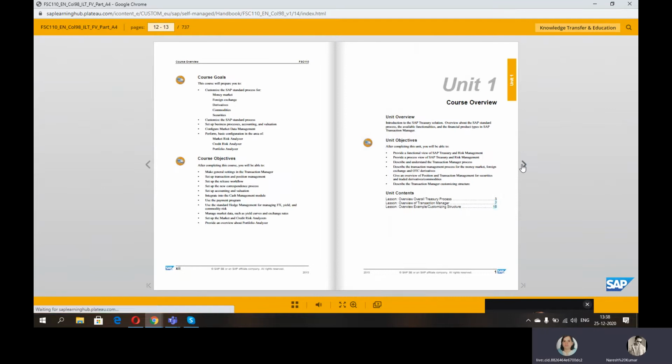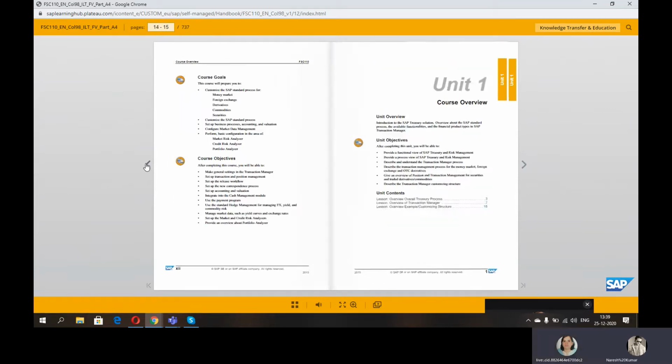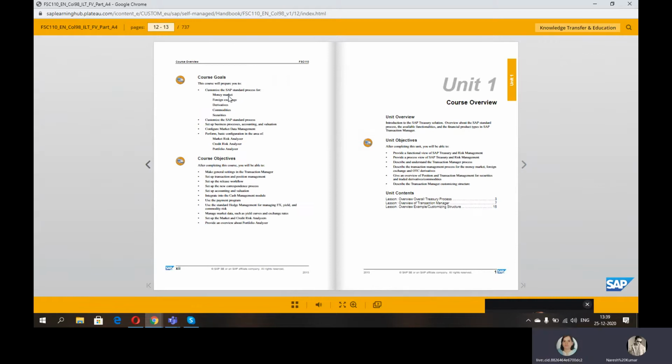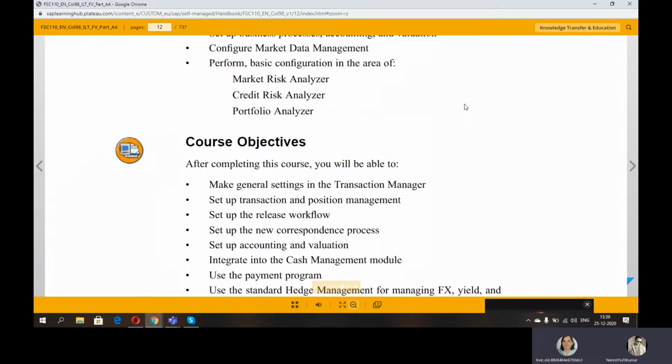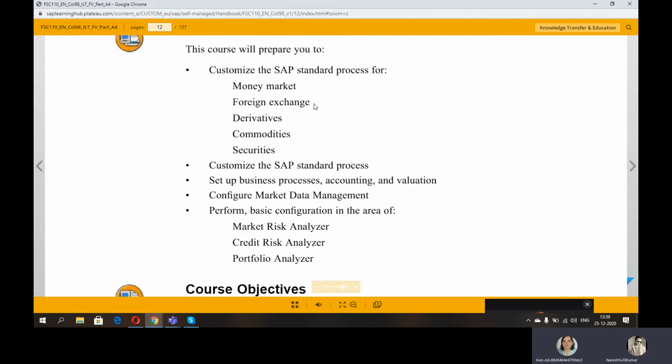When we are going with TRM, as I said, this is the exact thing which we have, like money market data. Let me zoom. So these are the customizations required under treasury and risk management. First and foremost, it will be with money market, forex exchange, derivatives, commodities, securities.